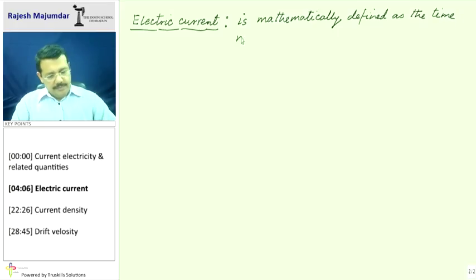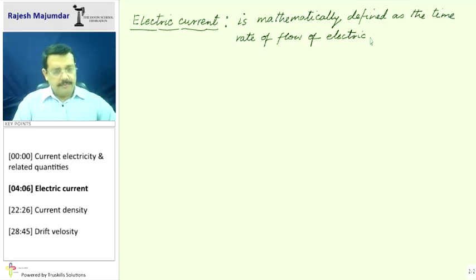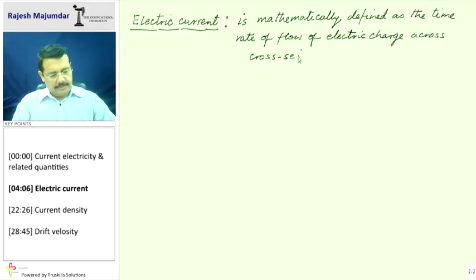as the time rate of flow of electric charge across a cross section of any material.